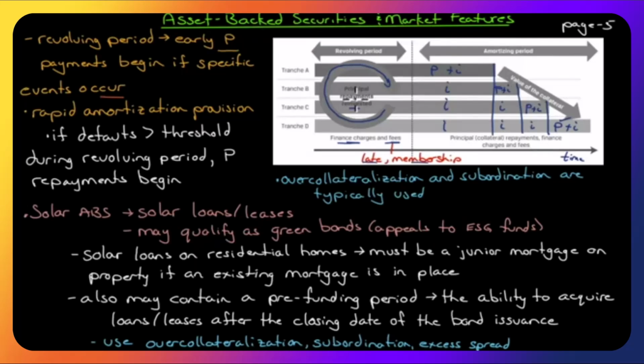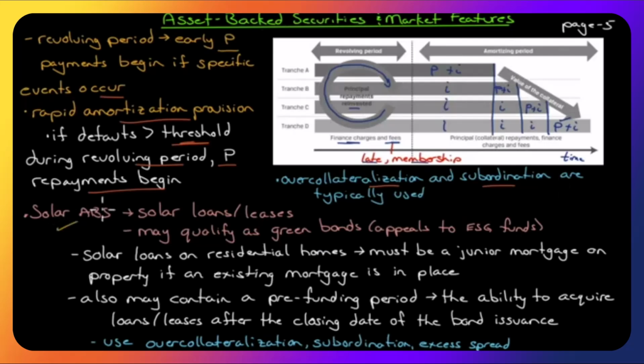At that point, all the principal payments can begin once that's triggered. That is called a rapid amortization provision. If defaults are greater than some threshold during the revolving period, principal payments begin immediately. The credit enhancements typically used for asset-backed securities backed by credit card debt are over-collateralization and subordination.